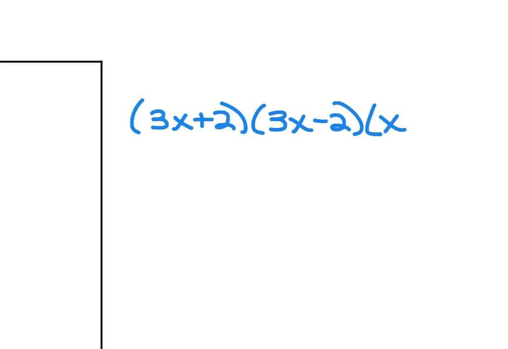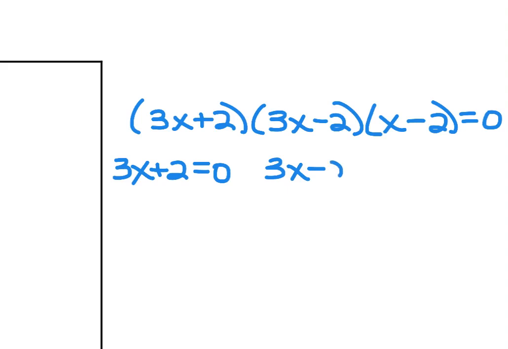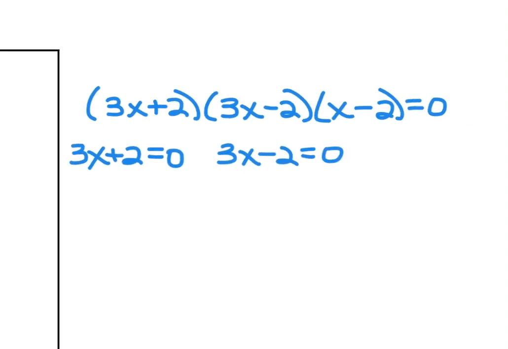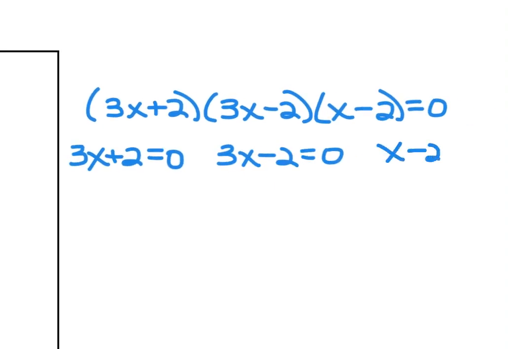Sorry. So I've got 3x plus 2 times 3x minus 2 times x minus 2, and that whole thing is equal to 0. So I'm going to set each of them equal to 0. 3x plus 2 equals 0, 3x minus 2 equals 0, and x minus 2 equals 0. Solve each of them for x.